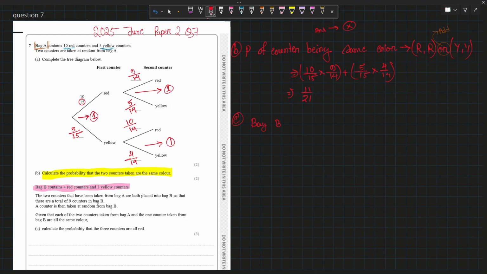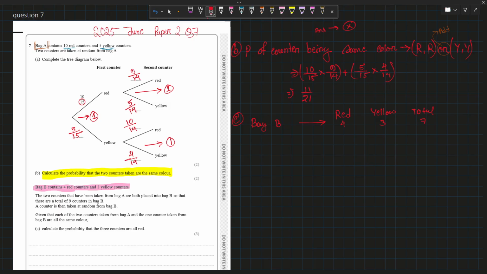Some people read the whole question and then they map it out, but it's a me thing. I like to write whatever I read instantly so that I don't have to use my brain much. So bag B contains red is 4 and yellow is 3, so the total is 7.